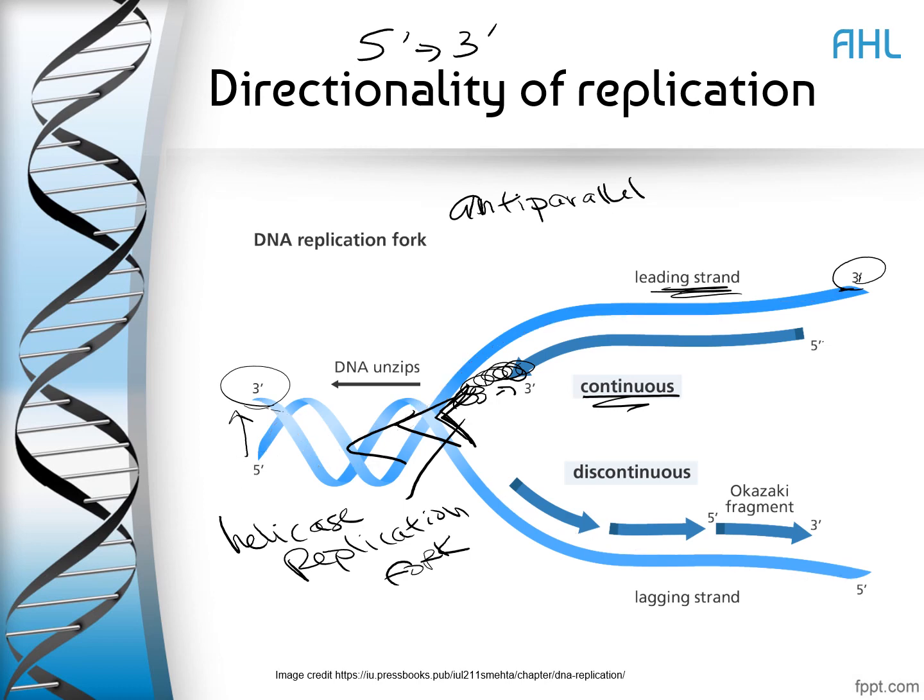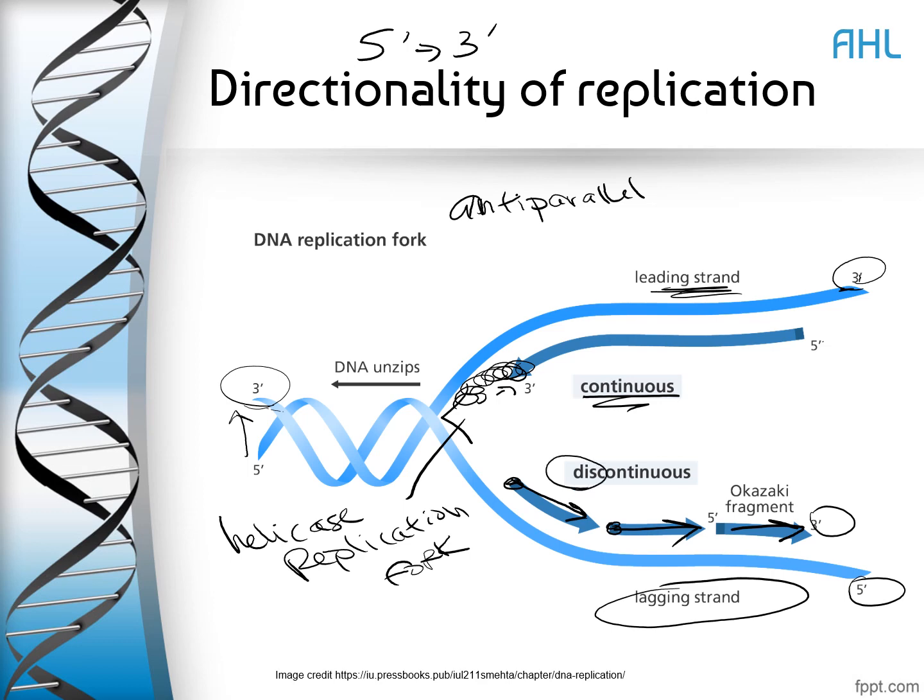On the opposite strand, the strand that we call the lagging strand, this is the 5' end, which means that this is 3', which means that we are copying the DNA in this direction. So I open up the DNA and we start here and copy that way. We open up the DNA a little bit more, we start here and copy away from the replication fork.